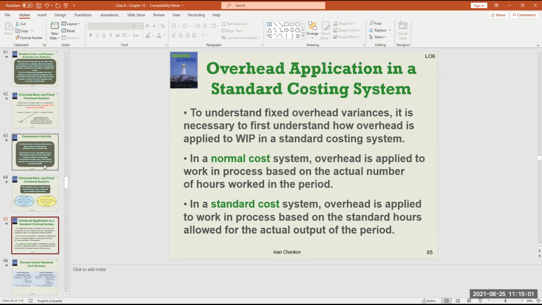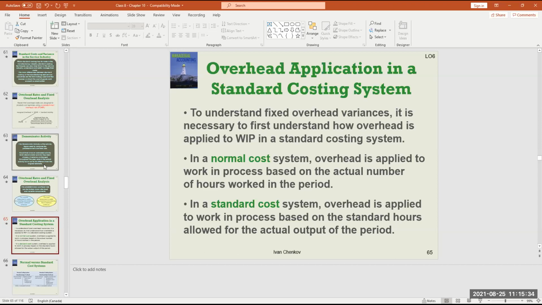In order to understand the fixed manufacturing overhead, we have to understand how the overhead is applied to the working process. One is the normal cost system, and one is the standard cost system. In the normal cost system, overhead is applied to the working process based on the actual number of hours worked in the period.